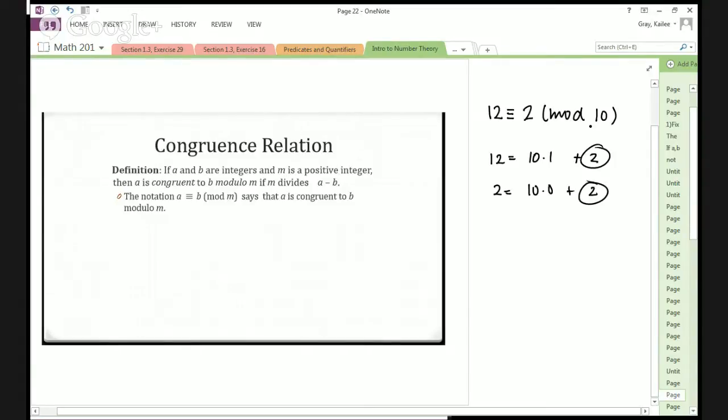I'm telling you this in the hopes that it helps. When I first learned about congruence relationships, I did not understand this relationship because all I focused on was this definition, which didn't quite make sense to me. I really want you to understand that idea that those remainders are the same, and that's why they're congruent.